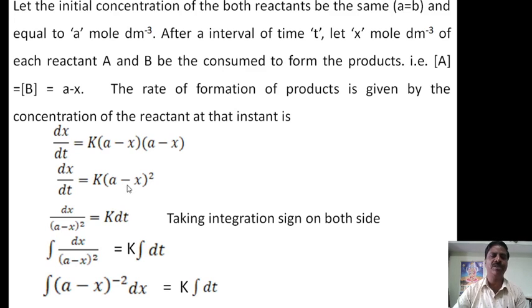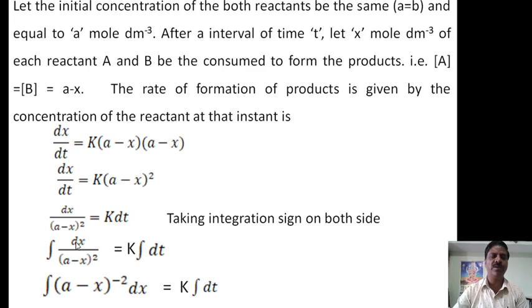Variable separation means x should be on one side and the other letters on the other side. Therefore, after cross multiplication, dx divided by a minus x whole squared equal to k into dt. Now, taking the integration sign on both sides of this equation.